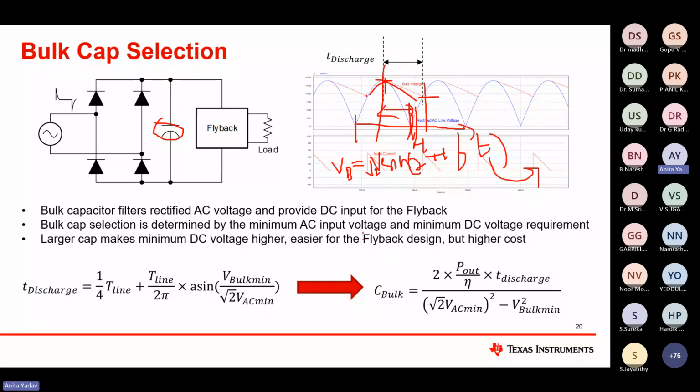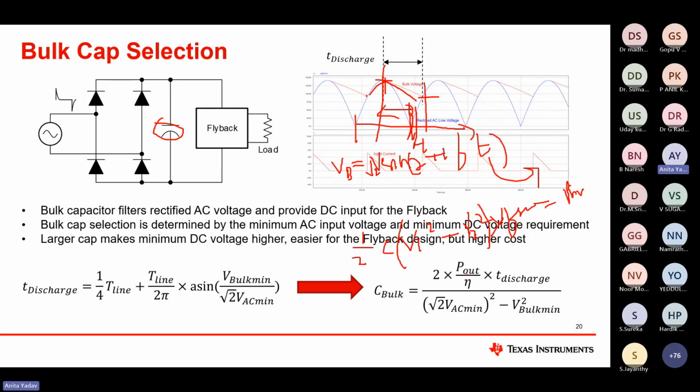So when you do simple math, half C V1 square minus V2 square, taking half C and f common, into f switch. So this will become your input power.